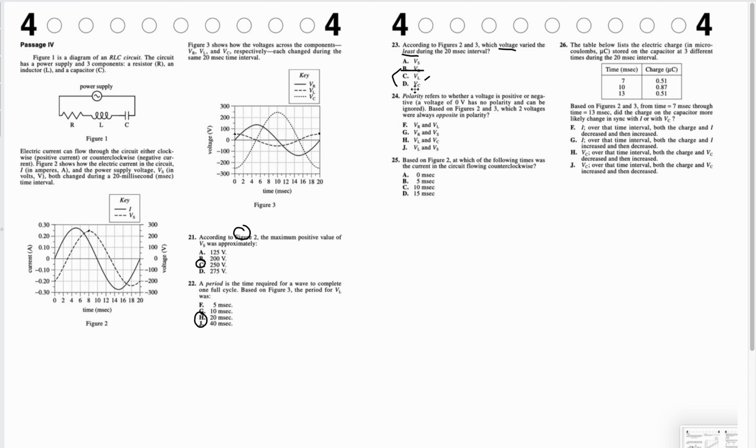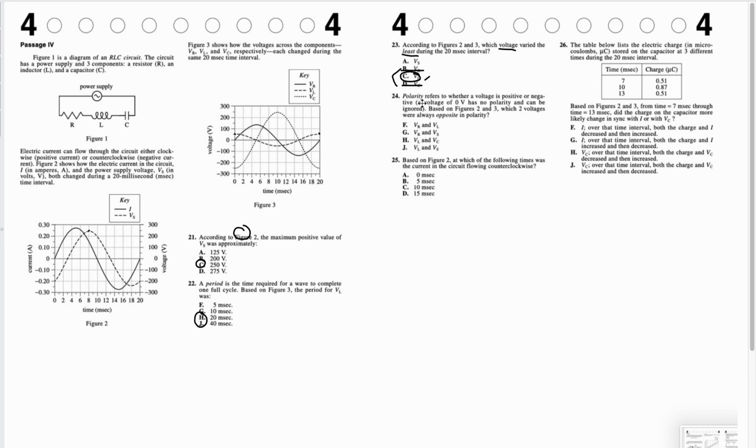We know it's not VR or VC, but we have to compare it to VS. To compare, we look at the maximum to the minimum, because the scales are different. VS goes from positive 250 to negative 250, whereas VL goes from 50 to negative 50. So VL is definitely a smaller variation than VS. So the answer for 23 is C.